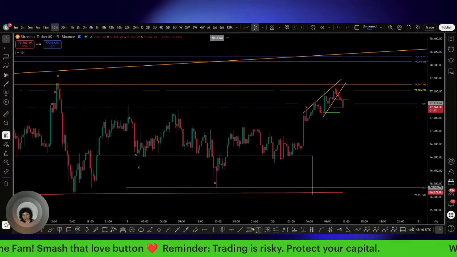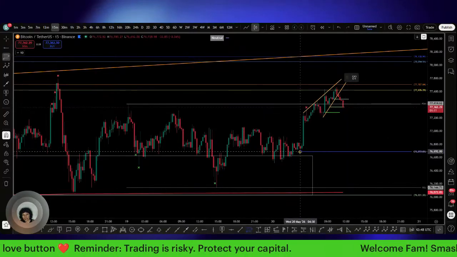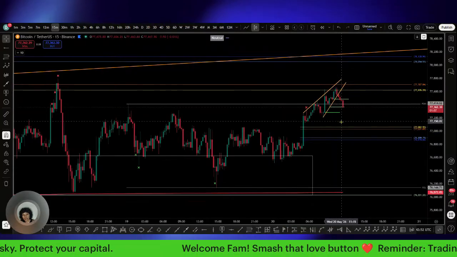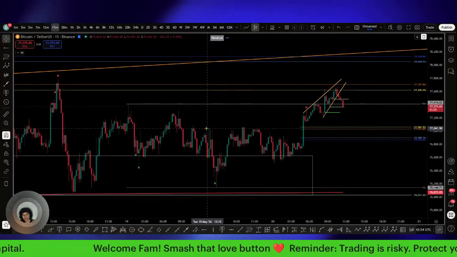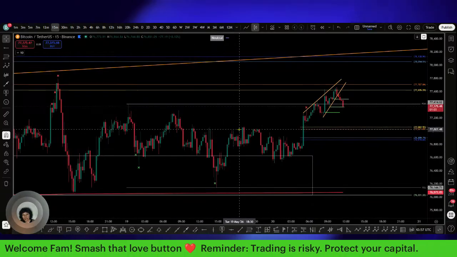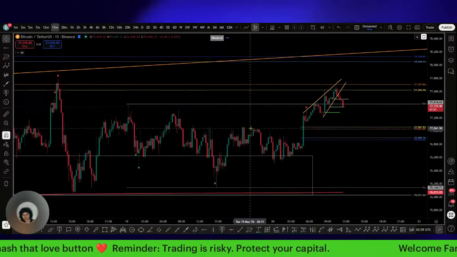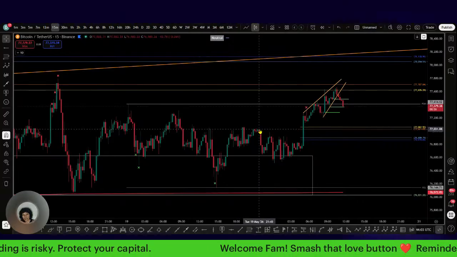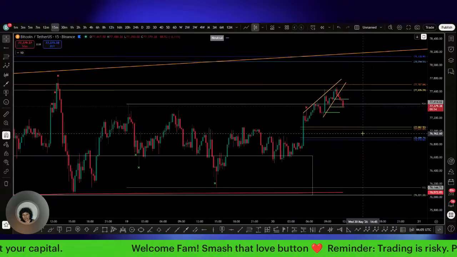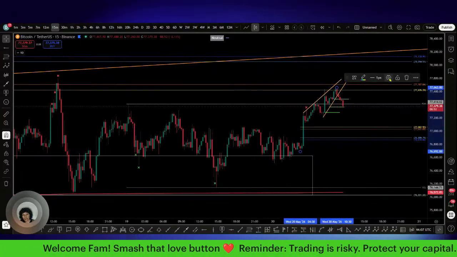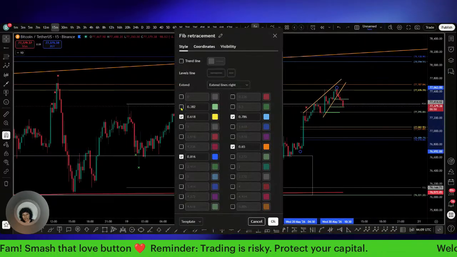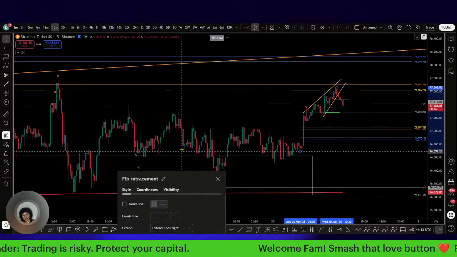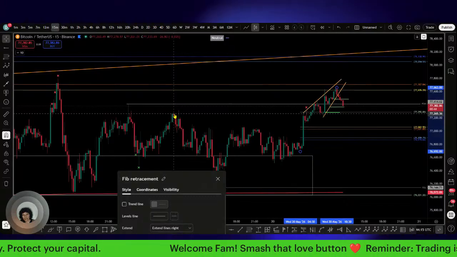Golden pocket rejection. Let's see if I were to use this. Back into these highs over here. Perhaps. What is this? These highs right in here.